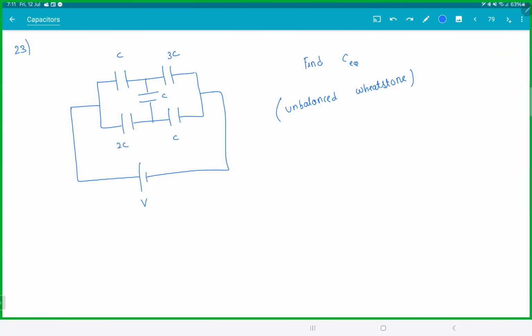Start with 0, name the nodes, potential, and then you're done. Try. I'll give 2-3 minutes and I'll show you.